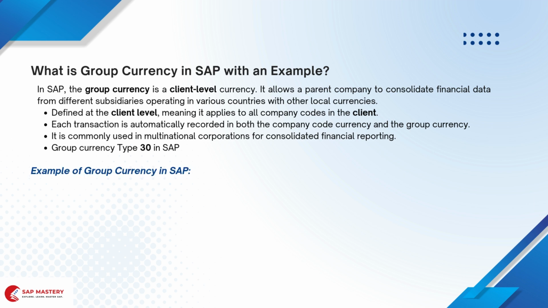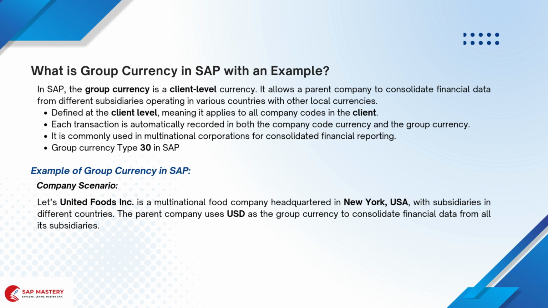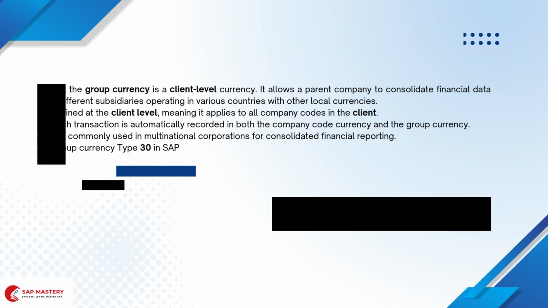Example of group currency in SAP. Company scenario: let's take United Foods Inc., a multinational food company headquartered in New York, USA, with subsidiaries in different countries. The parent company uses USD as the group currency to consolidate financial data from all its subsidiaries.